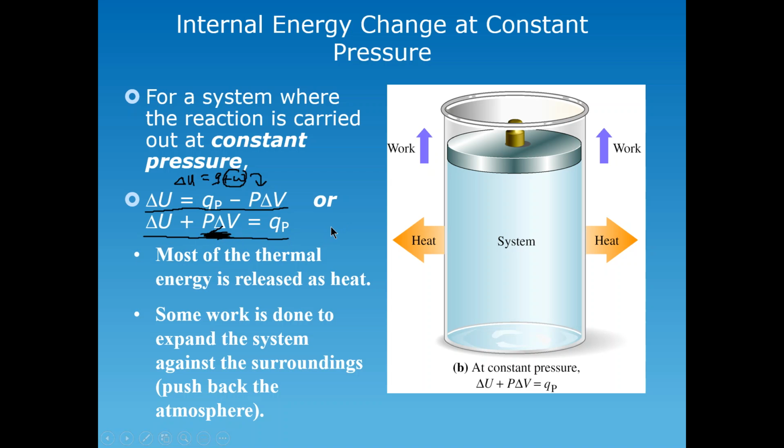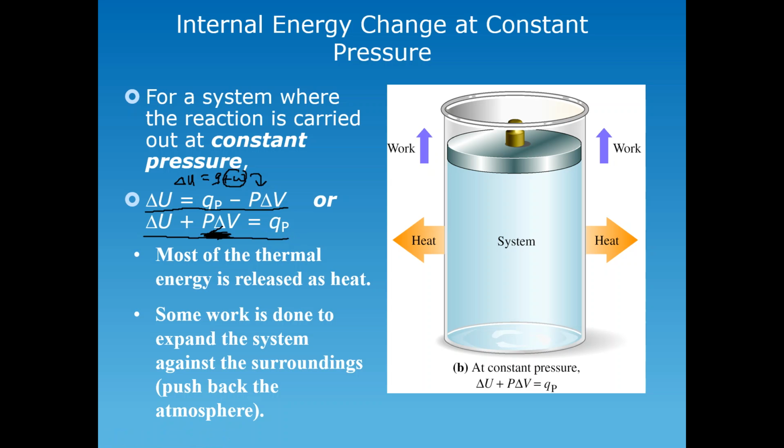Now, unlike the constant volume situation that we saw in the previous slide, the change in internal energy under constant pressure is a more realistic situation that is most likely to happen for most processes, right? So whenever there's a heat change occurring in a system, let's say, for example, it's an exothermic process, that means that QP would be negative.